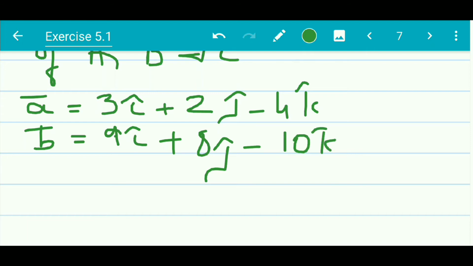And also vector C: C bar is equal to minus 2i minus 3j plus k.